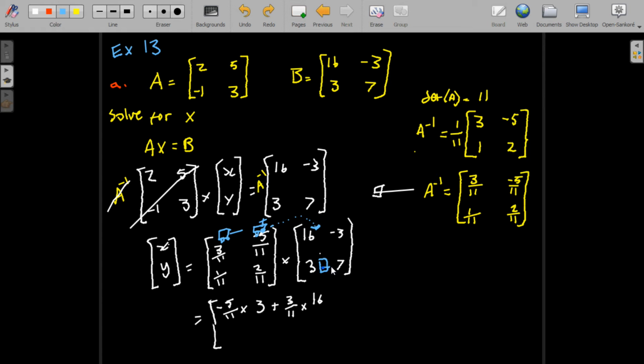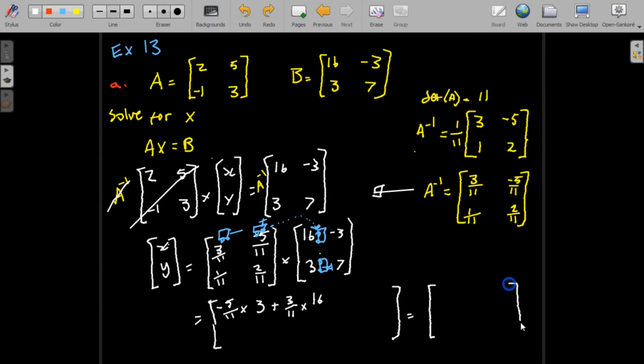Okay, so we can say matrix X equals this here. So that's part A. So that's using inverses, determinants, so just combining everything together, really.